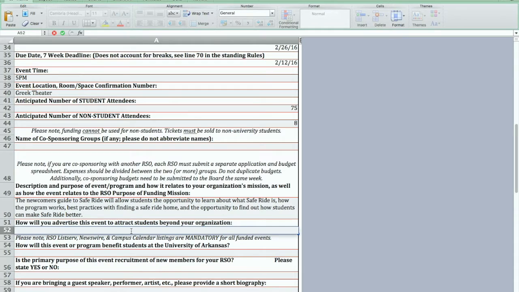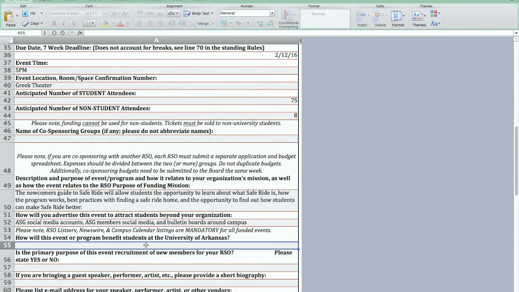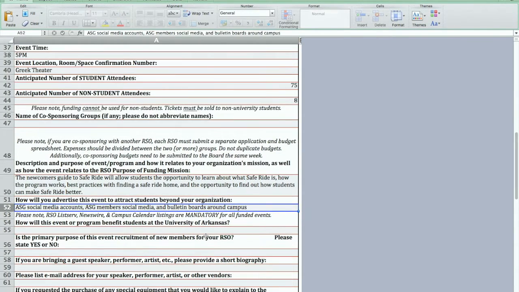But we're going to go ahead and say that we're going to post these to the ASG social media accounts, ASG member social media, and we're also going to put it on bulletin boards around campus. Making sure that we are advertising to all students, making it known by all students, is very important, so please take that into consideration when you're filling out your budget.